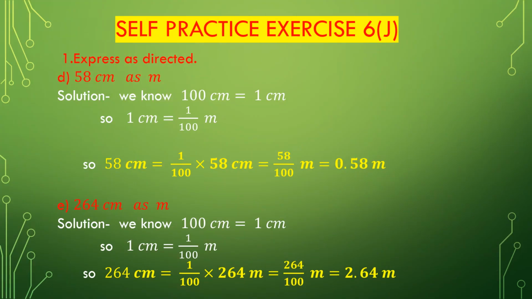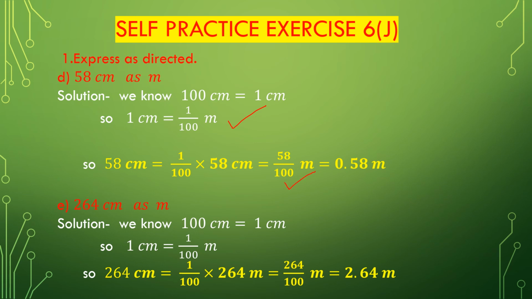Now we solve question D bit. 58 centimeter as meter. We have to convert 58 centimeter to meter. We know 100 centimeter is 1 meter. So 1 centimeter will be 1 divided by 100 meter. So 58 centimeter will be 1 divided by 100 multiplied with 58. So 58 divided by 100 meter.